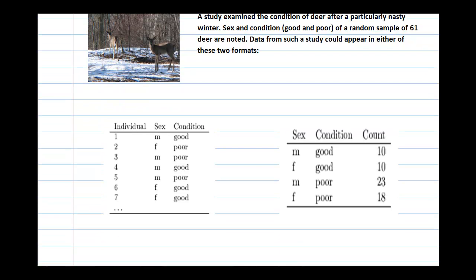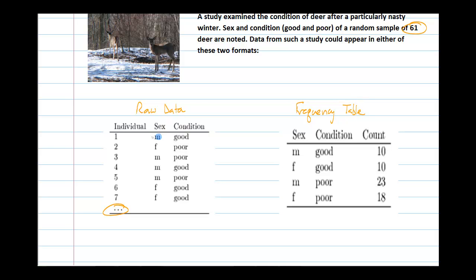So this particular table gives us the raw data. And it's actually, as you can tell, not made up of 61 deer. These dots at the end mean these observations continue in the same type of pattern. Now this over here is called a frequency table. And what we do with a frequency table is take the raw data and start tabulating.